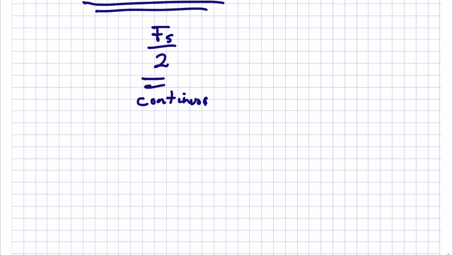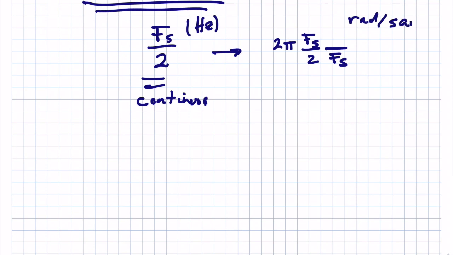And so what we said is to get to the discrete time frequency, we take the frequency and we multiply by 2 pi and divide by fs. By the way, this is in hertz. So I converted this to radians per sample. And we look at this and these things cancel and I'm left with pi.